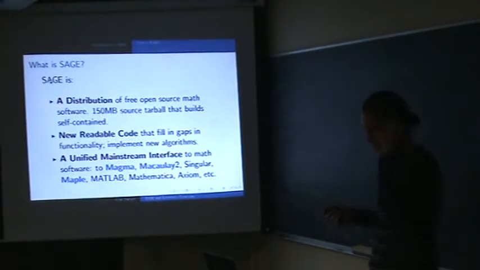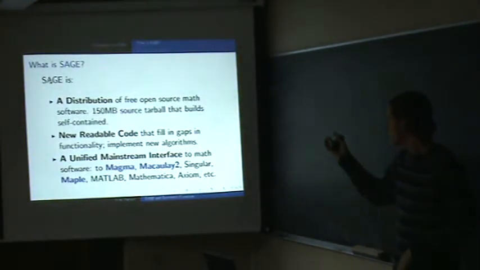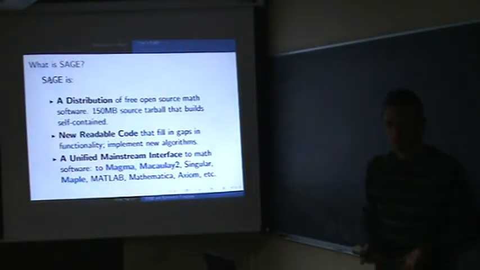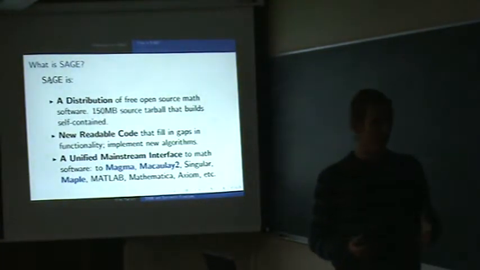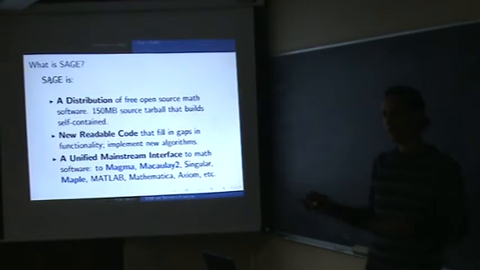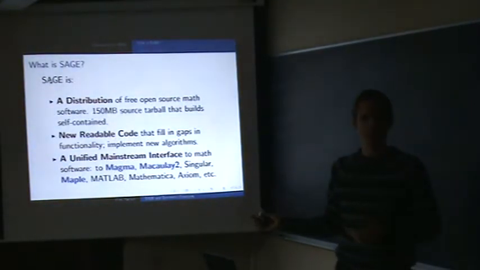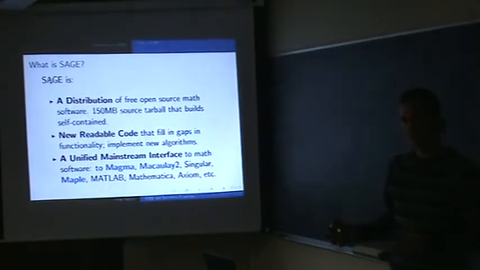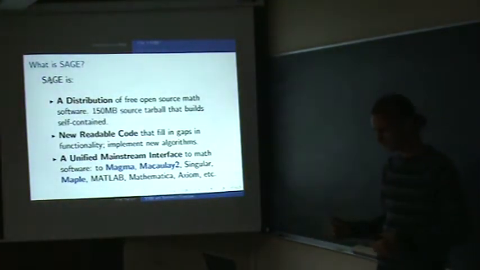What is Sage? Sage is a distribution of open source math software. One of the things Sage does is collect a good number of the open source math programs that have been written. There have been a lot of them, but in many cases they're small, pretty specialized tools designed for one particular purpose.